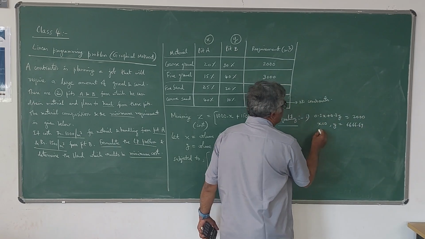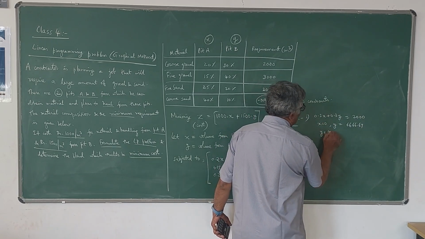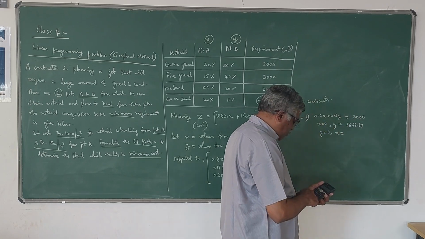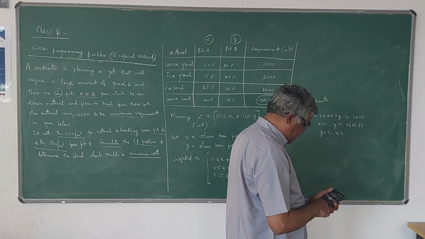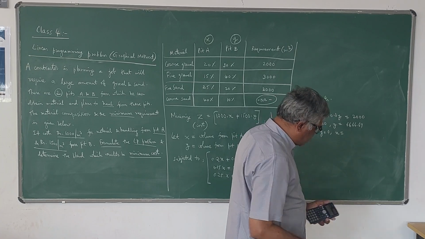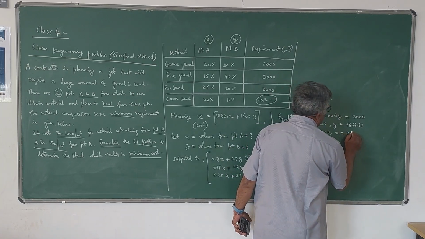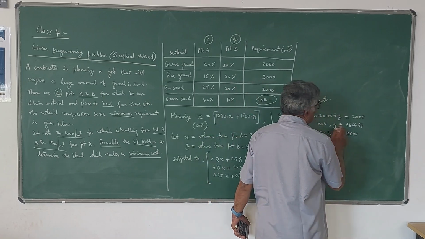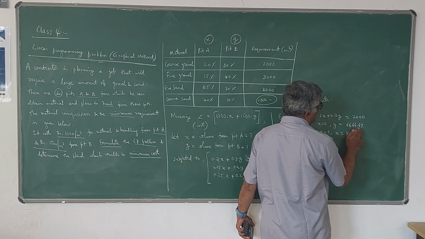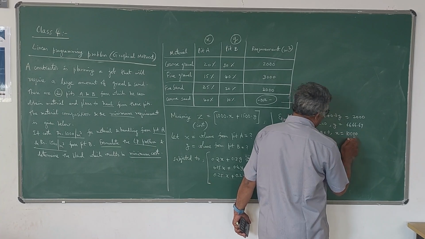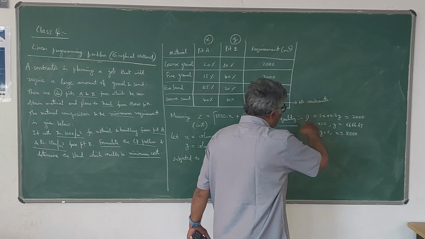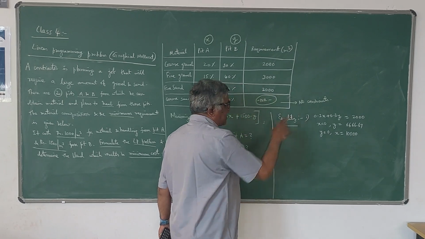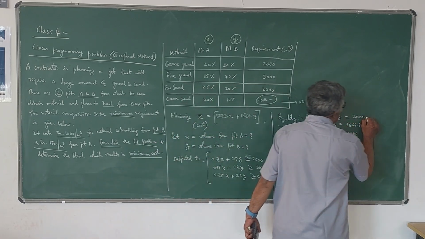Then if you put y is equal to 0, x value will be 2000 divided by 0.2, which is 10,000. So the points are now 0, 6666.67 and 10,000, 0. So that is they are the points for the first straight line.